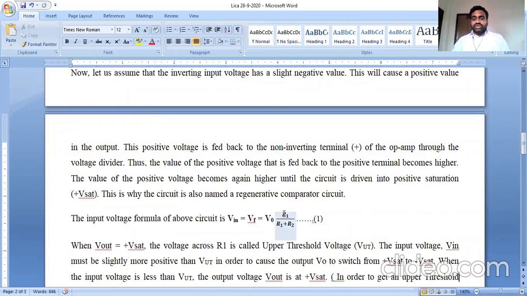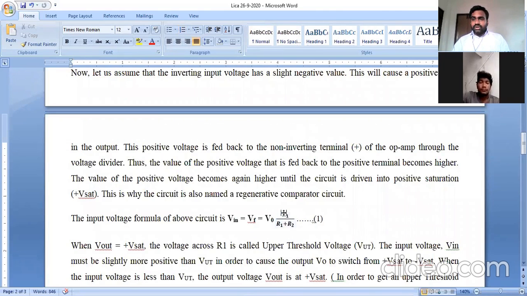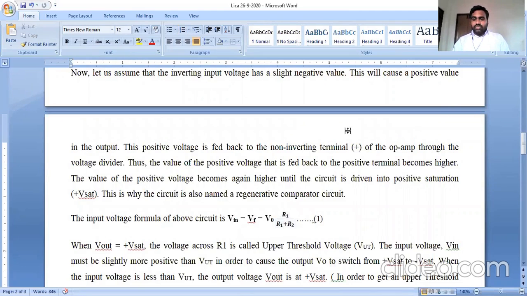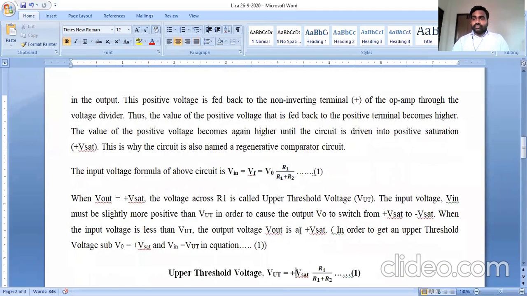This expression comes from the voltage division rule: Vf is equal to V0 into R1 divided by R2. That means when the output is at positive saturation, the R1 resistance is having the upper threshold value.